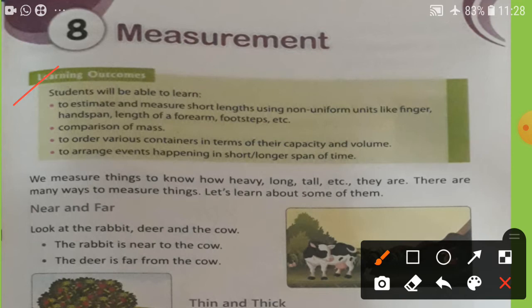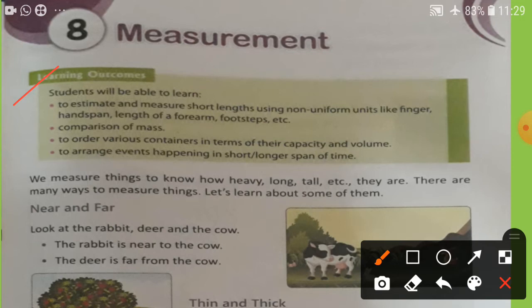Open this page, children. Students will be able to learn to estimate and measure short lengths using non-uniform units like finger, handspan, length of a forearm, footsteps, etc. Next, comparison of mass.